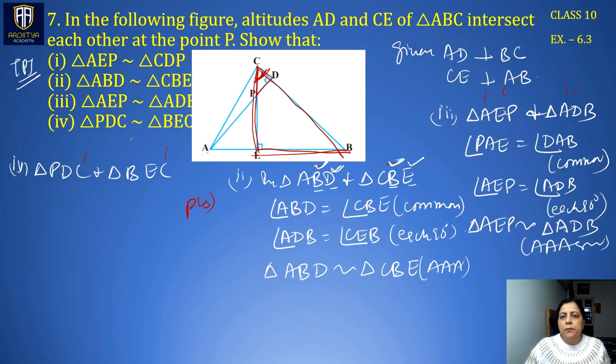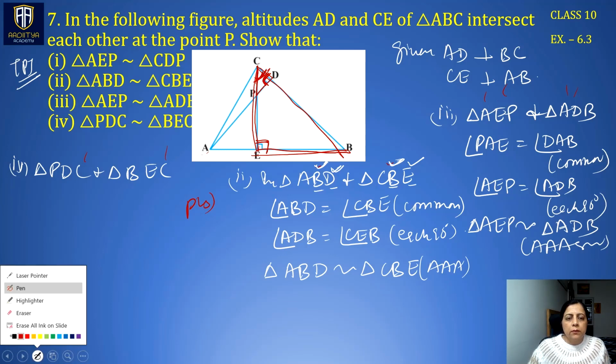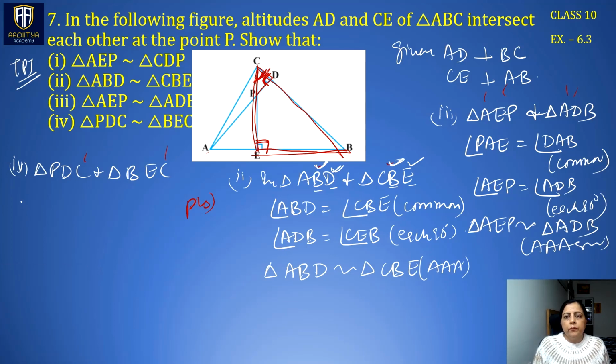Now what else do we have in this? Angle D is 90 degree. In CPD it is 90 degree, and in BEC this E is 90 degree. Right? So here angle PDC is 90, and here we have angle CEB, which is each 90 degree, right?